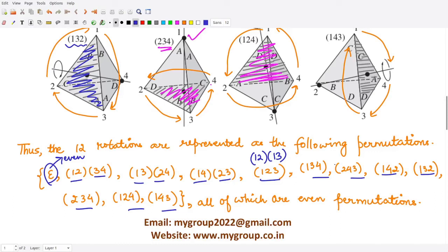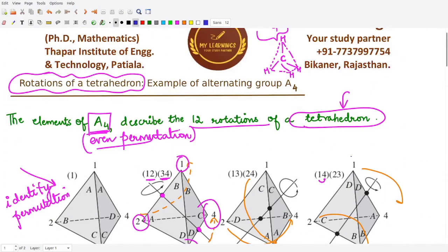So every one of them can be represented as a product of an even number of transpositions. Therefore all the permutations are even, and they form 12 members, because the number of members present in A4 is 4 factorial divided by 2, which is 12. So you see we have 12 members here.